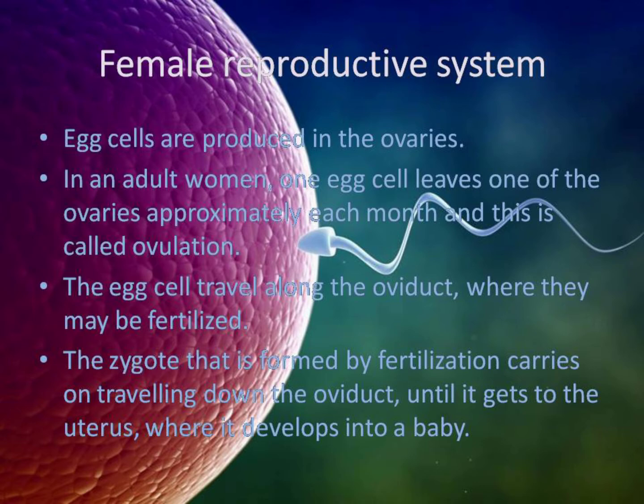The egg cells travel along the oviduct where they may be fertilized. The zygote that is formed by fertilization carries on traveling down the oviduct until it gets to the uterus where it develops into a baby.